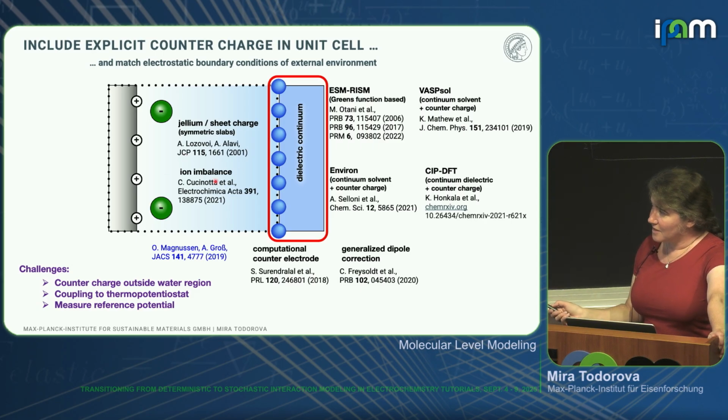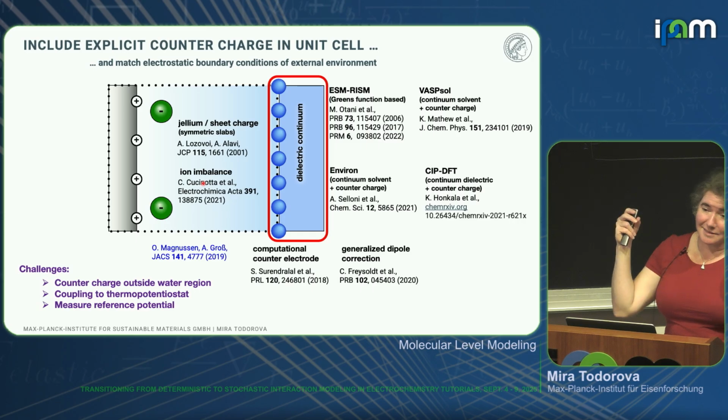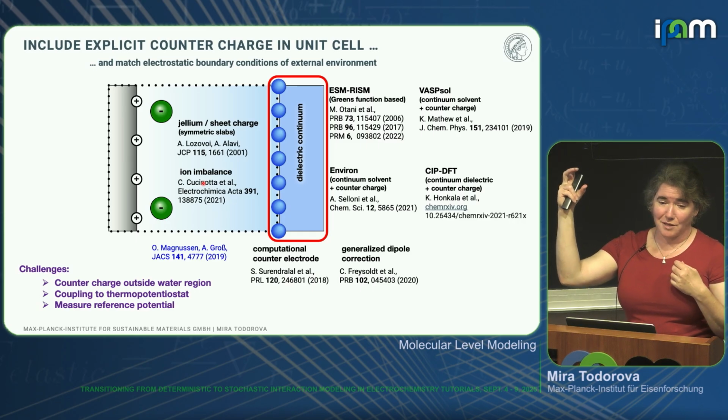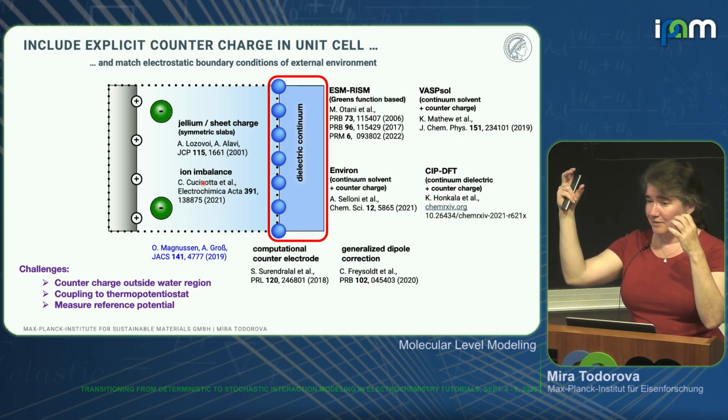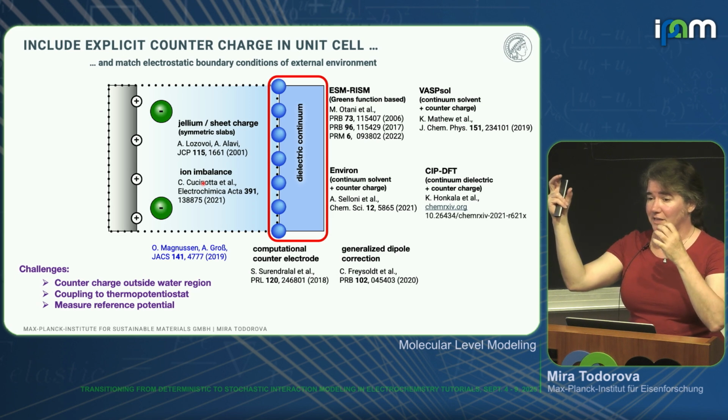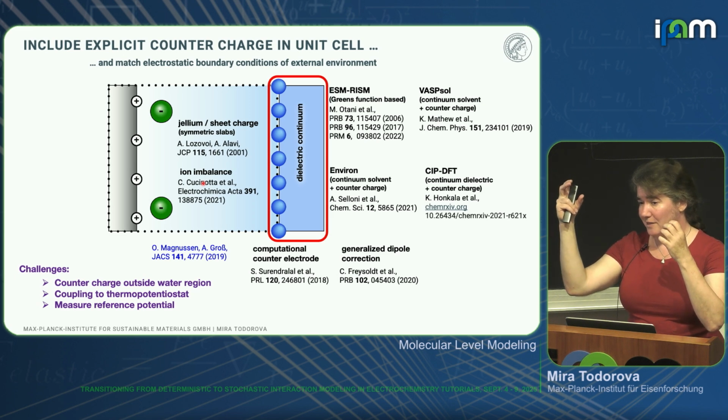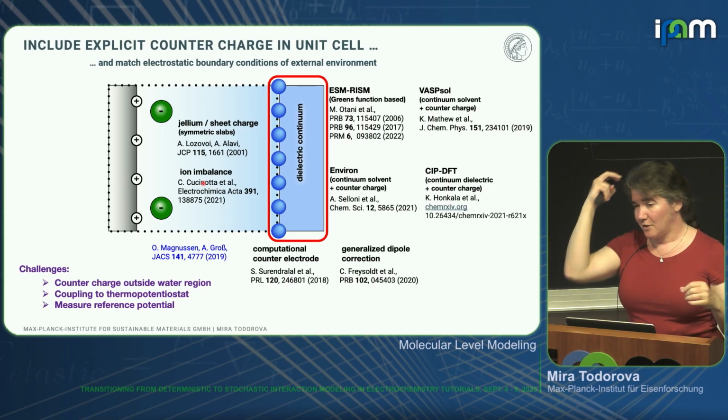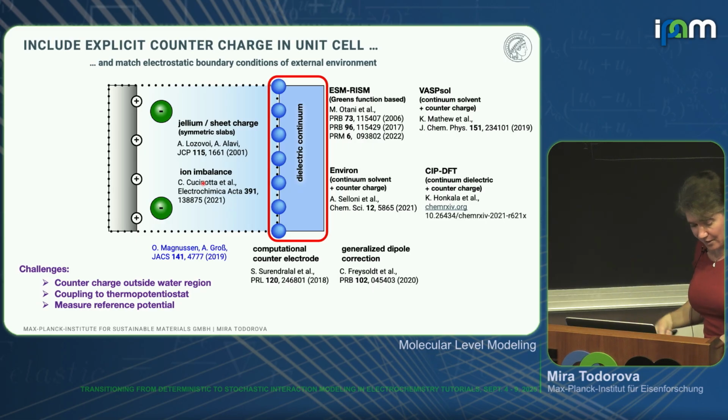Matilde suggested at some point this ion imbalance method, where you do what the real system would do: you have, for example, sodium and chlorine ions in there, but you don't have the same amount of chlorine and sodium atoms, so that you naturally have a charge transfer in one or the other direction.